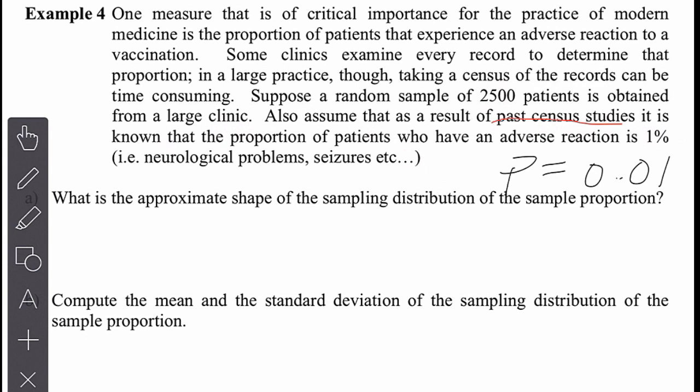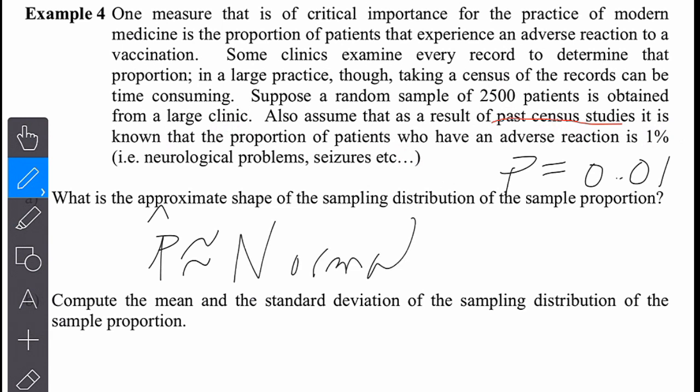So the shape then, in approximation, the sampling proportion p hat is approximately normal. I'm not going to say the mean and standard deviation because I have that in the next part, but it's approximately normal, right?